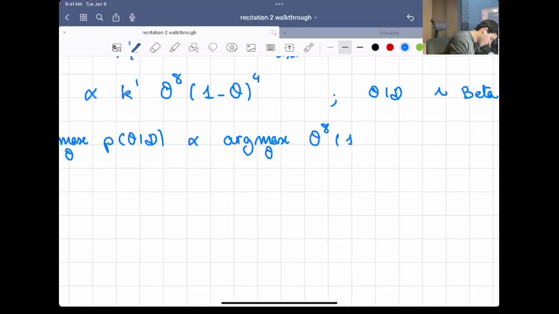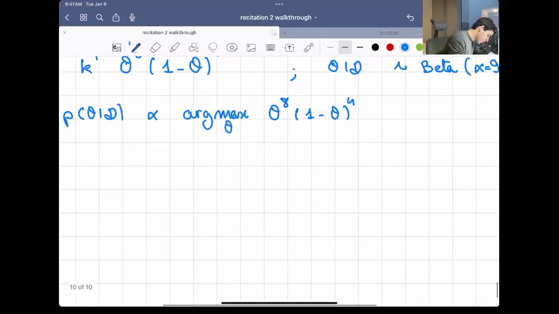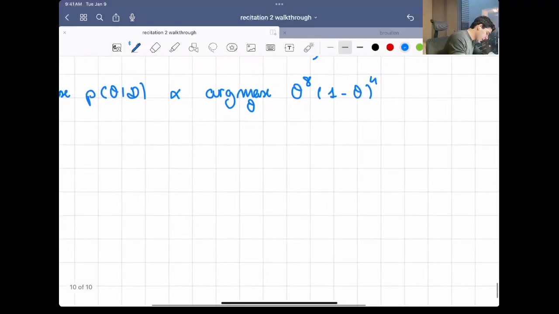So we only need theta to the power 8 times 1 minus theta to the power 4.